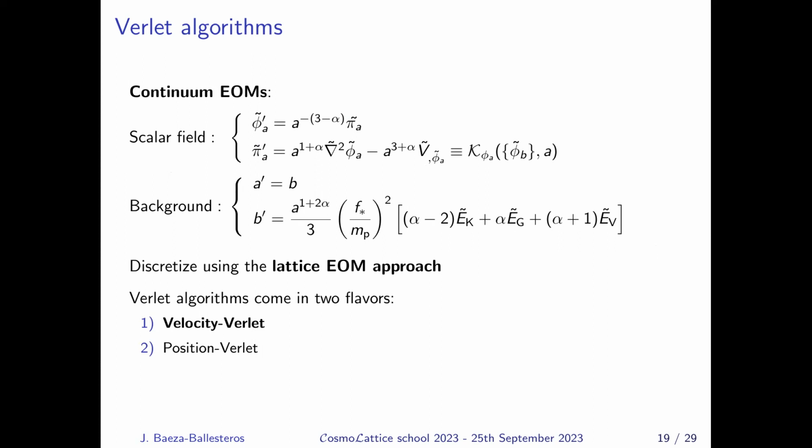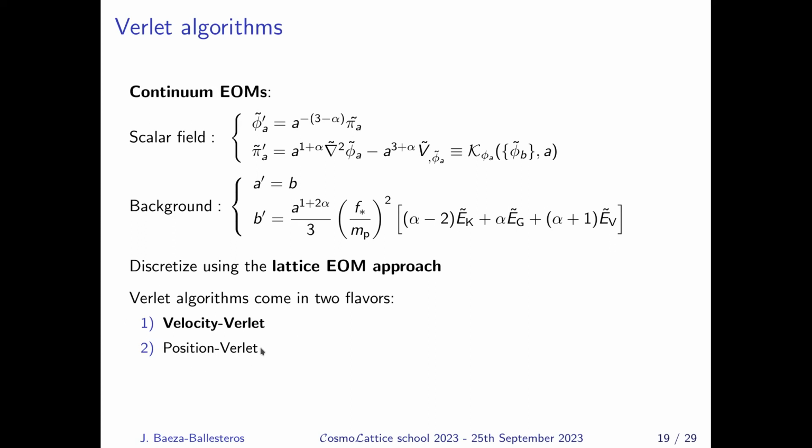And this is what is done in the Verlet algorithms, and it can be done in two different manners. As I have said before, the Verlet algorithms work by solving half time step one quantity, then a full time step the other quantity, and finally half time step the first quantity. And they come in two different flavors: the velocity Verlet algorithms and the position Verlet algorithms.